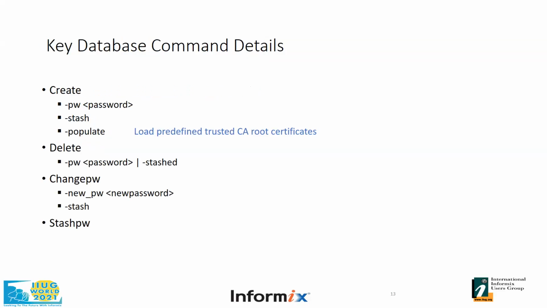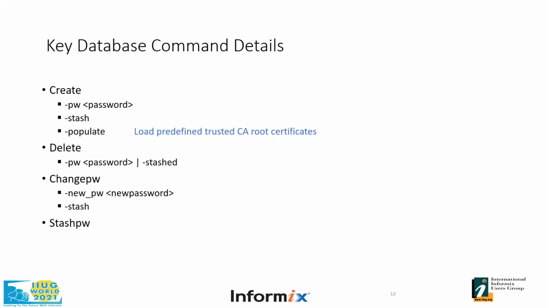So when you go to create it, you have to specify a password. You have to decide whether you want that password put into a stash file or not. And optionally, you can populate the database, which loads a bunch of trusted CA root certificates from the people who commercially sign certificates.